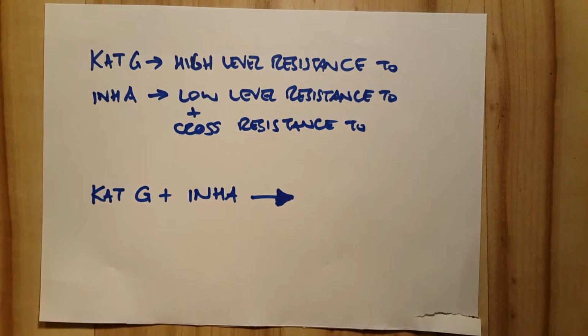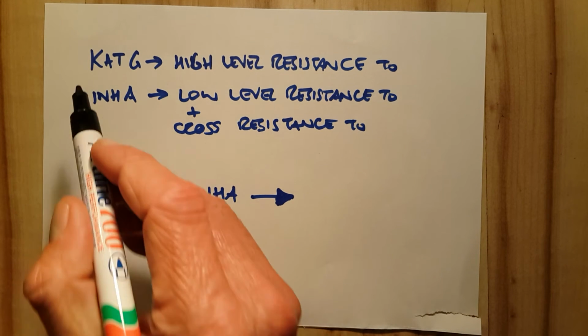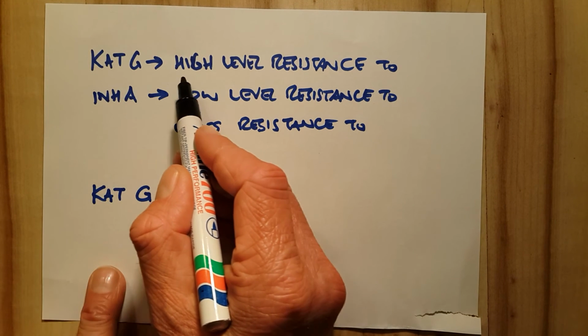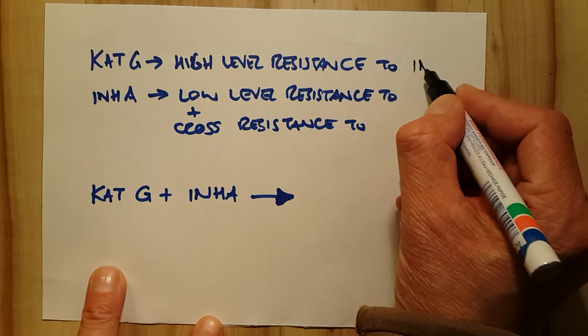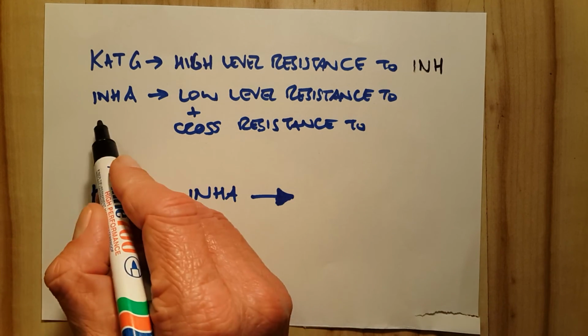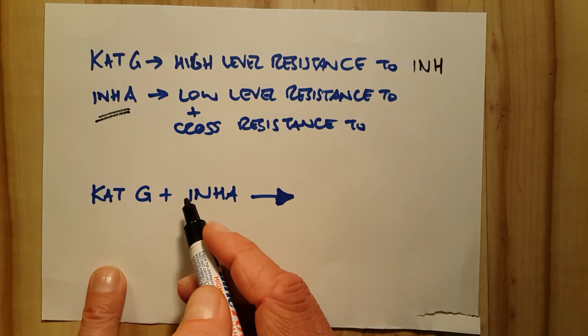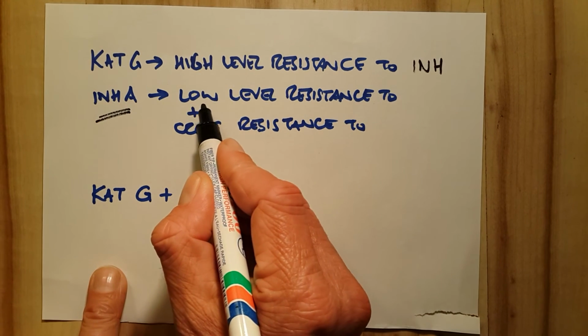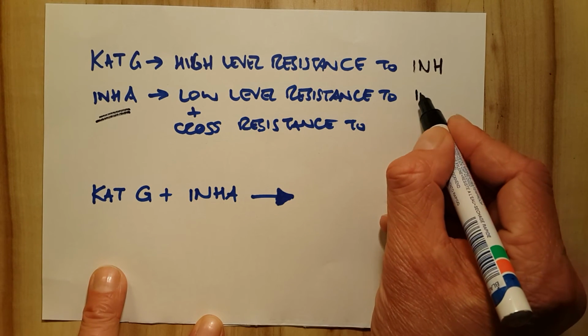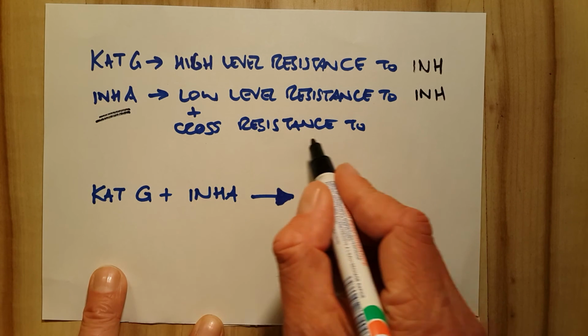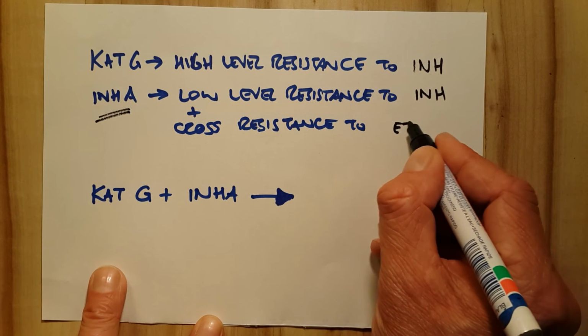And in that article, basically they argue the following case. If you have a KatG mutation, what it represents is a high-level resistance to INH. If you have an InhA mutation, which is the most interesting one, it gives you a low-level resistance to INH, but it gives you cross-resistance to ethionamide.